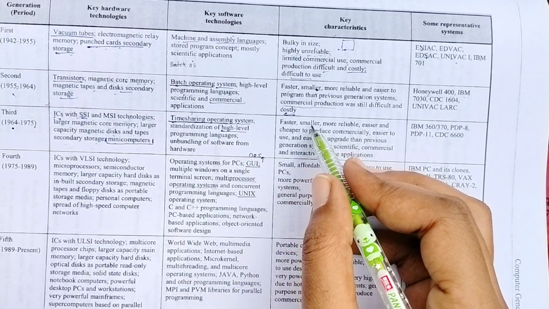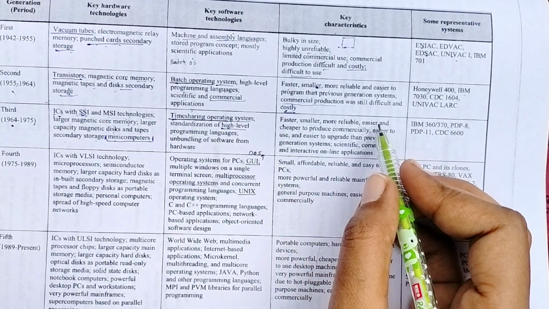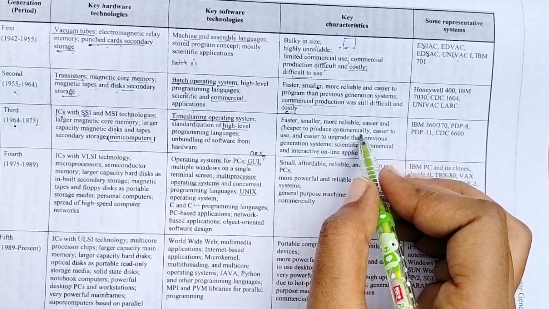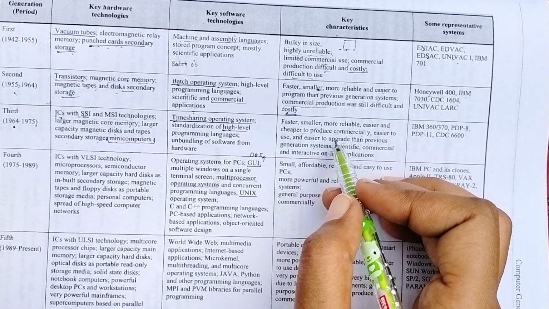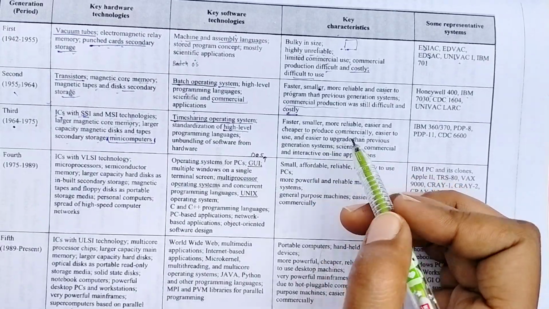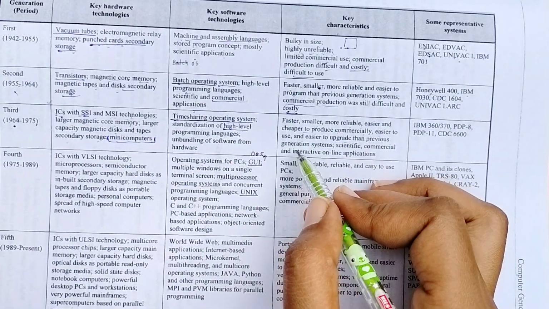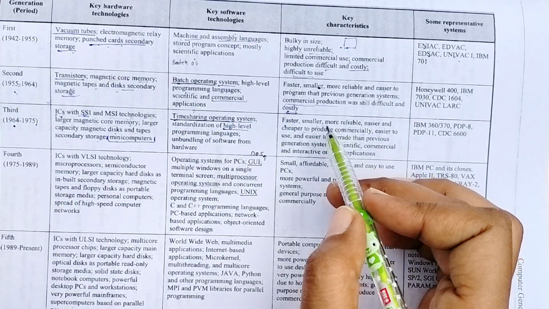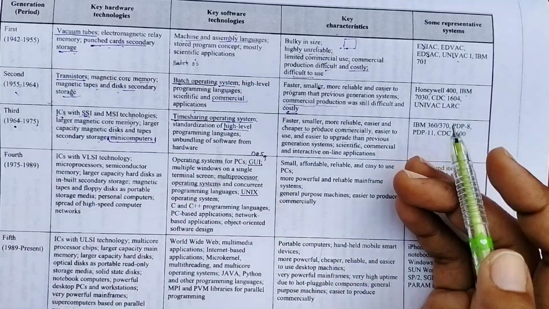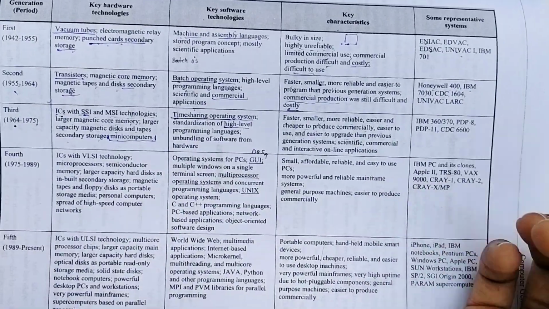It is faster, smaller, more reliable, easier and cheaper to produce, commercially easier to use, and easier to upgrade than the previous generation systems.